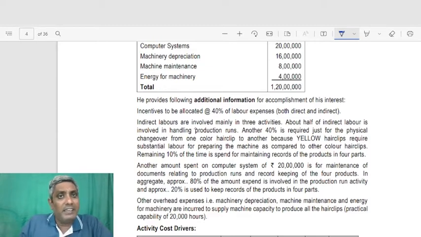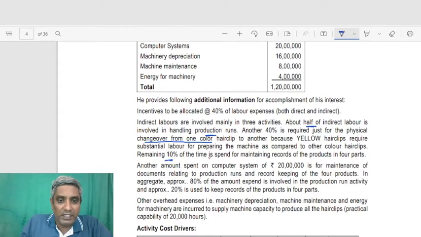Now, indirect labor is involved mainly in 3 activities. About half of indirect labor is involved in handling production runs. Another 40% is required just for the physical changeover from one color of hair clip to another, because yellow hair clips require substantial labor for preparing the machine as compared to other hair clips.